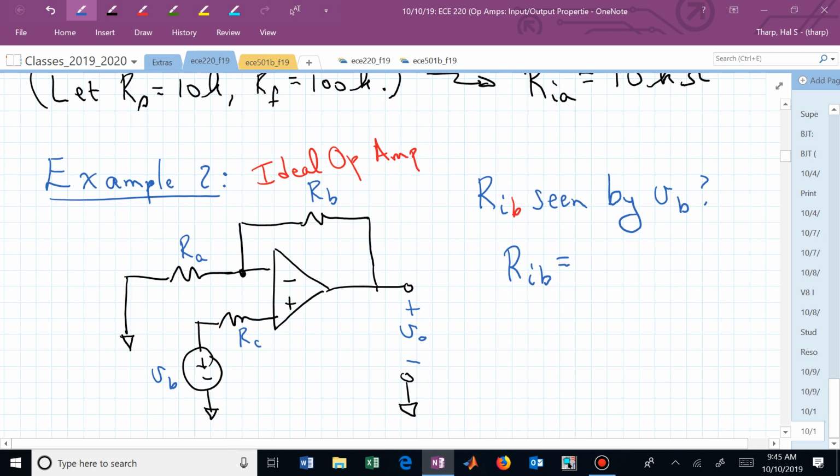R sub I sub B is equal to, well, if it's what we were talking about before, can't I just say it's this if this is now I sub B? Isn't that how I defined the resistance seen by the previous source? What is I sub B here? This one is 0, isn't it?